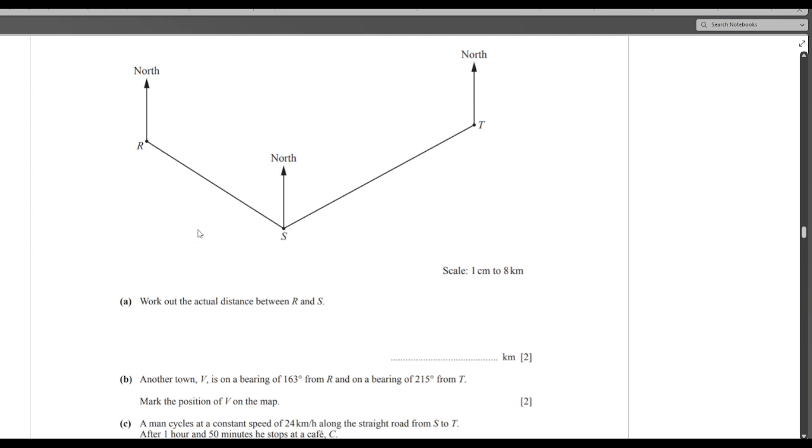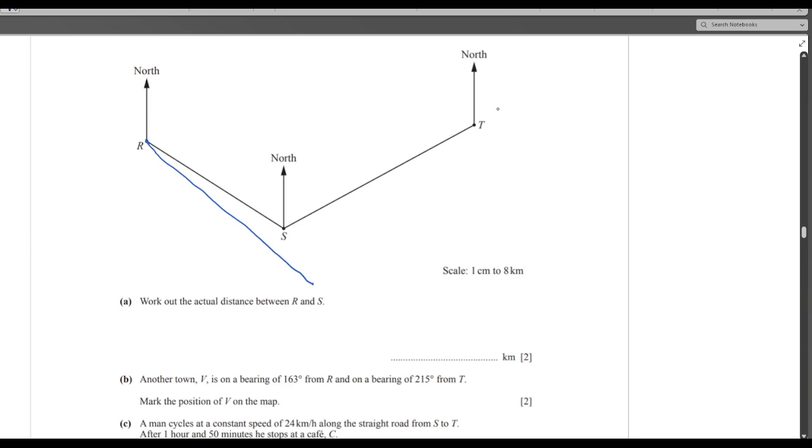Now another town V is on the bearing of 163 from R, and on a bearing of 215 from T. Mark the position of V on the map. So your V is at a bearing of 163 from R. So 163, maybe it will be somewhere around this line RS, or it might be going something like this.